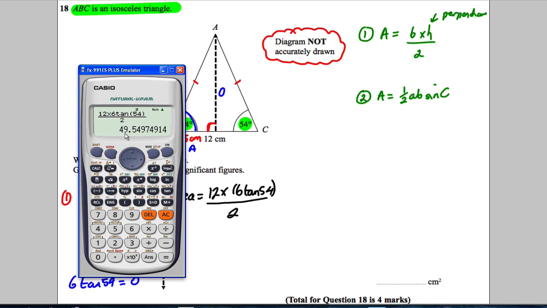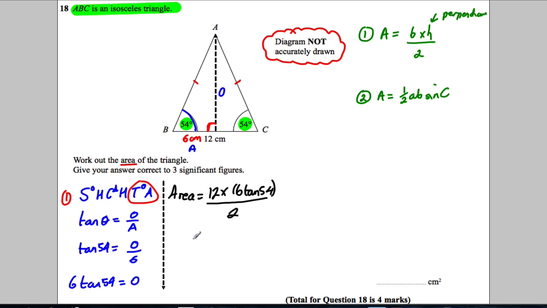And we get the area 49.54. We're asked to give it to 3 significant figures. First significant, second significant, third significant, line after it. Because it's a 4, we round off, so the answer is 49.5 centimeters squared. So that was one way of doing it.